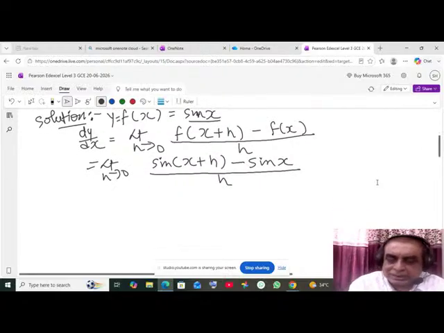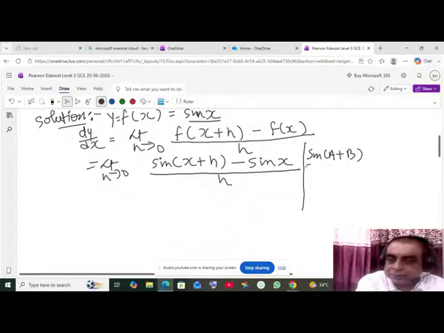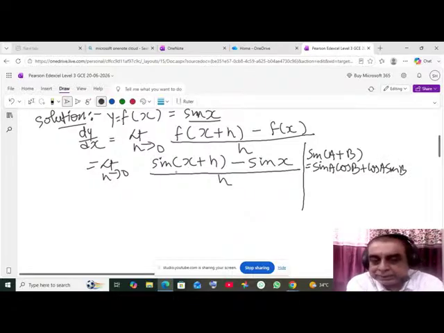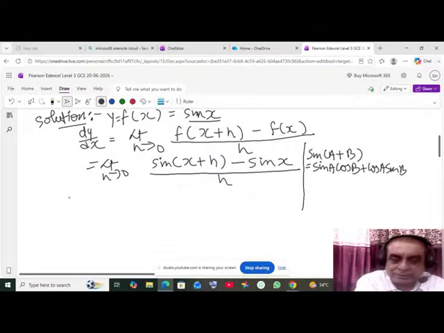Now we know the formula for sine of A plus B: sine A cos B plus cos A sine B. Here x plus h is there, so in place of A it is x and in place of B it is h.